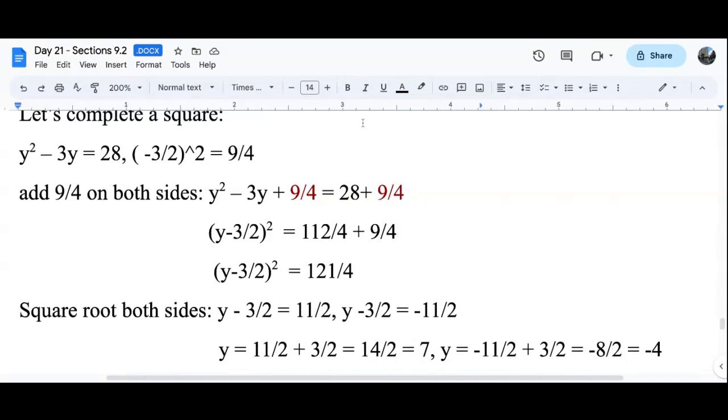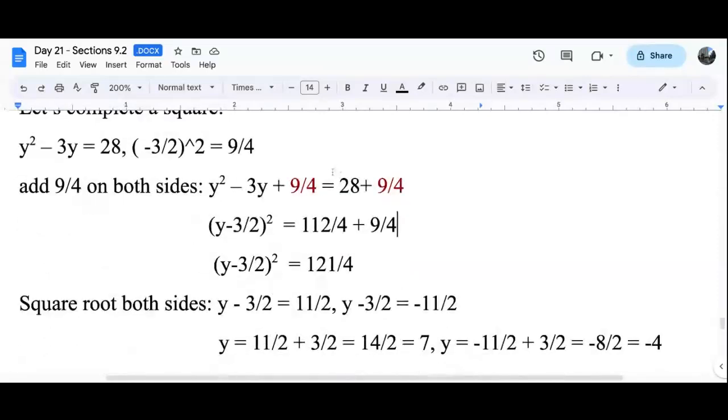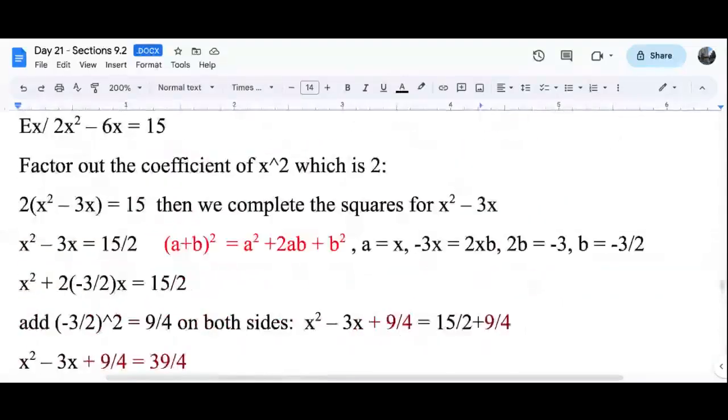Okay, let me ask you this. How do you complete squares for this? What would you do? It's all from the beginning, right?